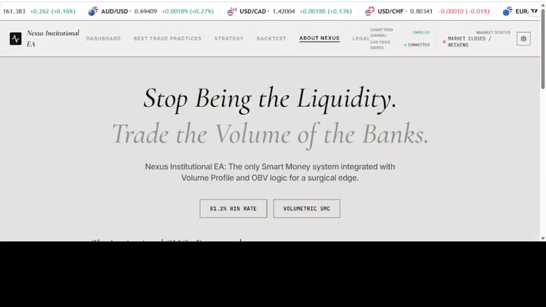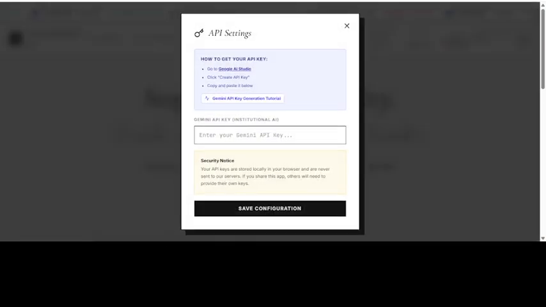Now, in order to run the engine, you need to have a Gemini API key for it to run the sentiment analysis and come up with the trade recommendations on all the currency assets that I just described. I've already included a tutorial on how to generate a Gemini API key here.